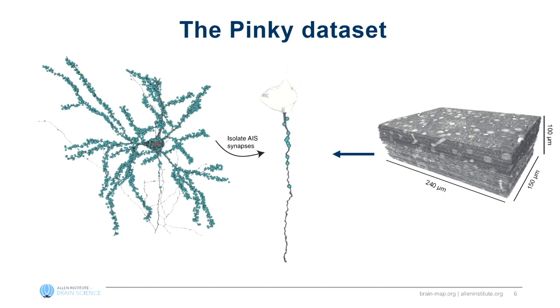And also we have a tool to automatically detect every synapse. And you can see here the incoming synapses in green on the dendrites and the soma and on the axon initial segment. And through the talk, just for clarity, we only show the soma and the axon initial segment with the incoming synapses.